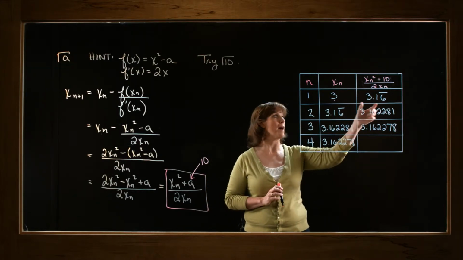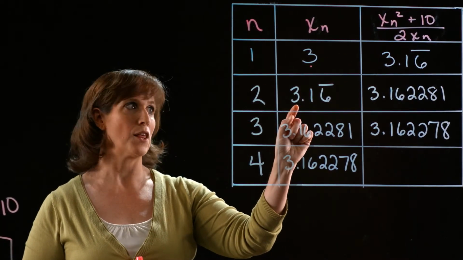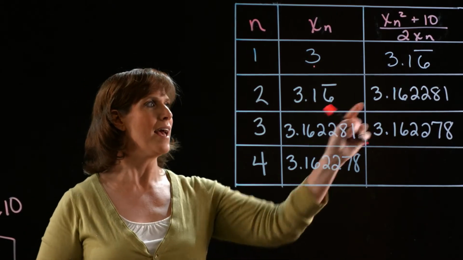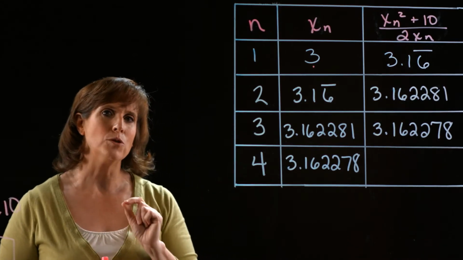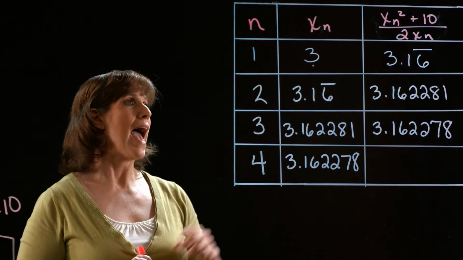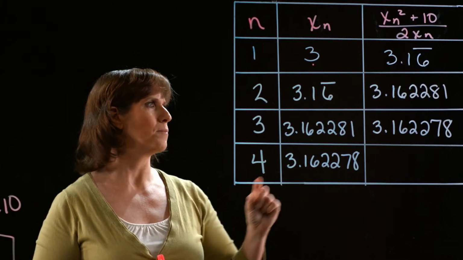As usual with Newton's method, your result becomes your next guess. So I'm going to take 3.16 repeated, plug it into my function, and I get a new value. And I keep doing that. But remember, I'm looking for a result that's accurate to 3 decimal places. And as I've gone through the first 2 iterations, I'm not accurate enough yet.